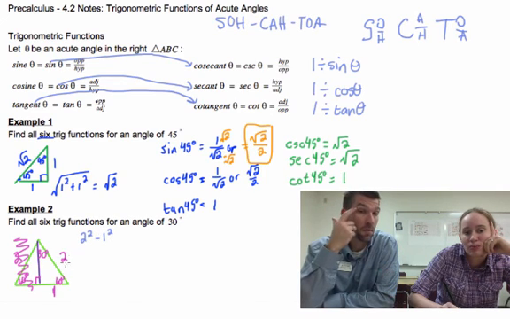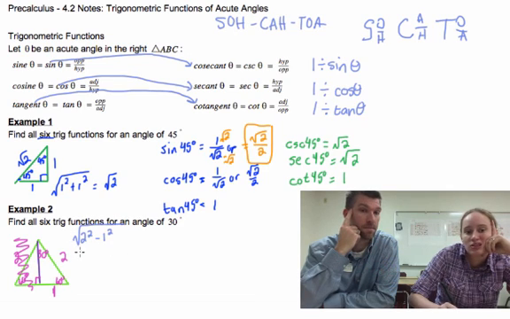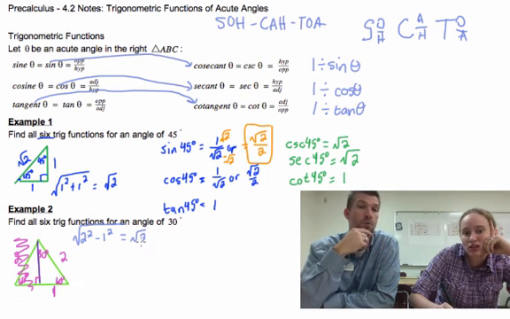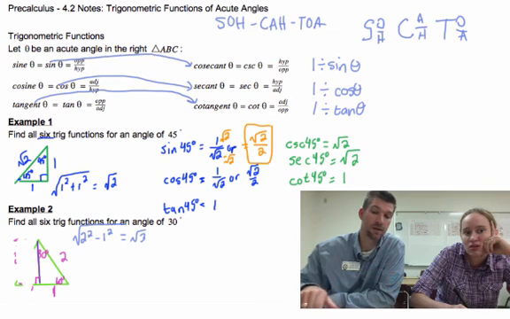So we do the hypotenuse minus the leg, both squared and square rooted. So that's 4 minus 1, which is 3, so square root of 3. This third side would be square root of 3.